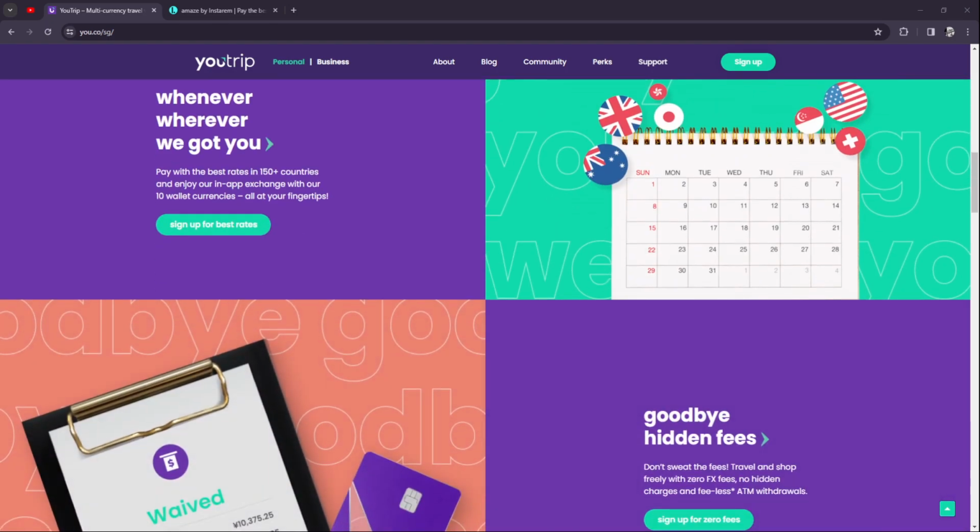Now, the financial services provided by YouTrip are primarily focused on currency exchange, that's the best feature, and international spending, but with limited additional financial services.